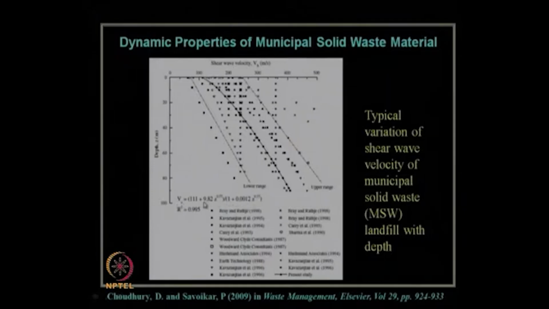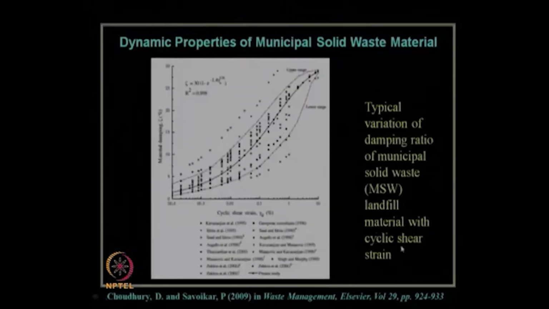So, in the absence of exact shear wave velocity data for design, in the preliminary stage, people can use our proposed equation to get the typical value of shear wave velocity for municipal solid waste material at any particular depth, as reported in this journal paper also.